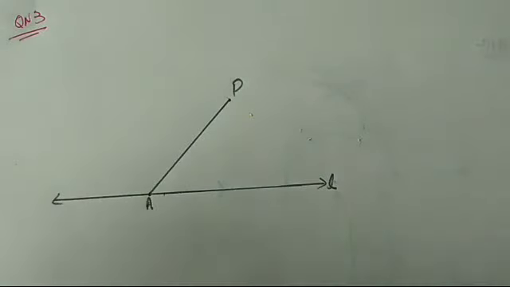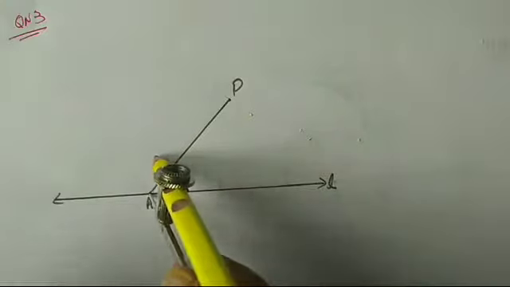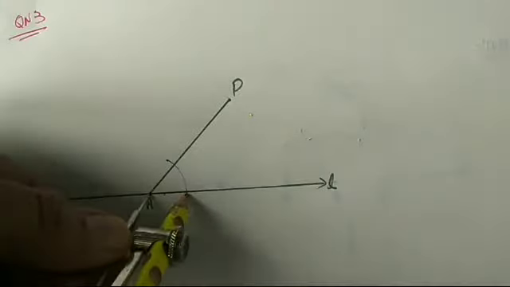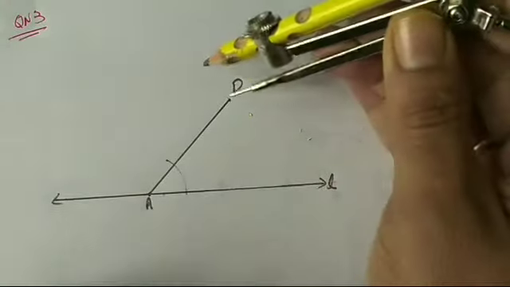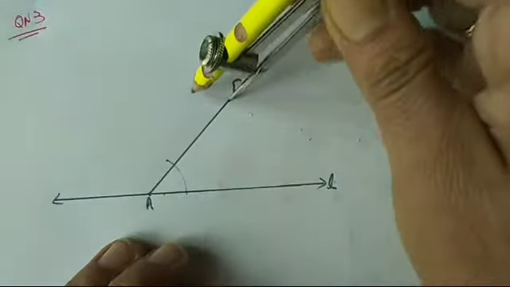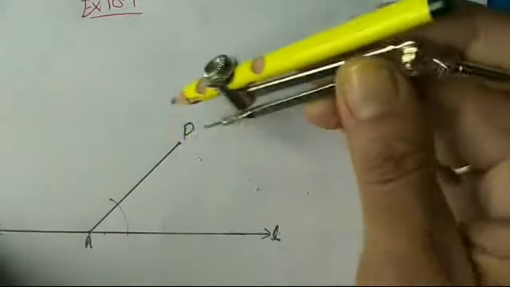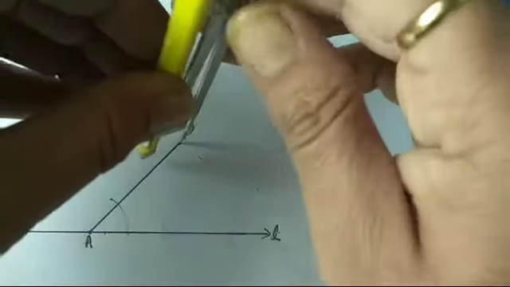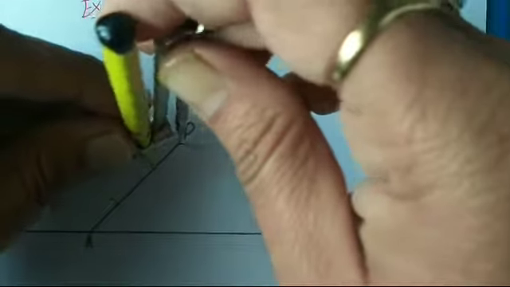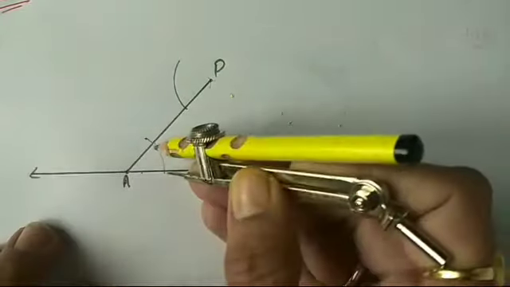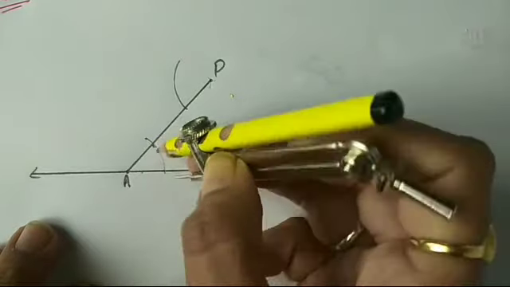Now cutting an arc of equal length from the point A, taking A as center, we have just cut an arc on AP, then an arc from point P also. After this we have to just see this opening. Opening means the measure of the angle.